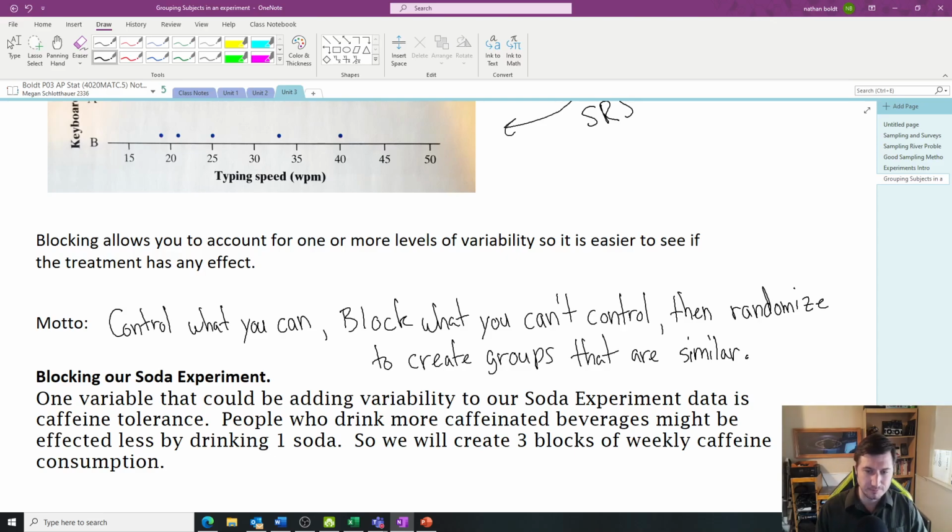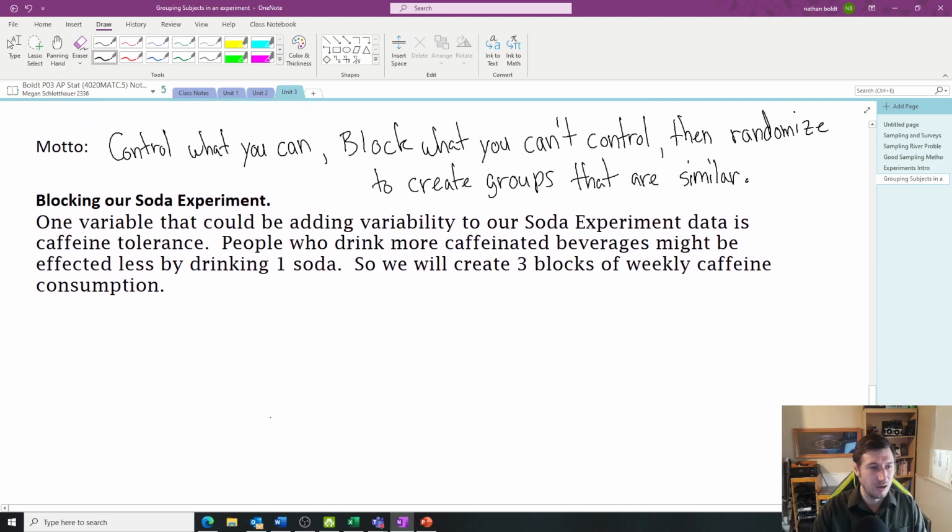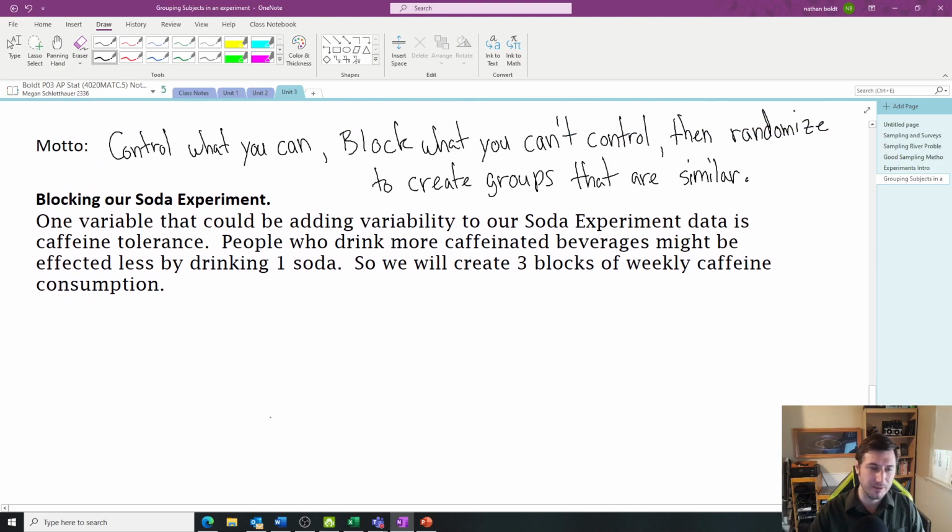All right, so we're going to do one more example of this. This is kind of a complicated one. With our Coca-Cola experiment, we're going to pretend that you all are our subjects, and I'm going to block you for this experiment. One issue we thought might be a problem or a variable with our Coca-Cola experiment is caffeine tolerance.